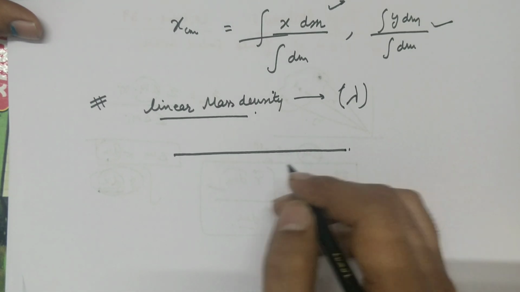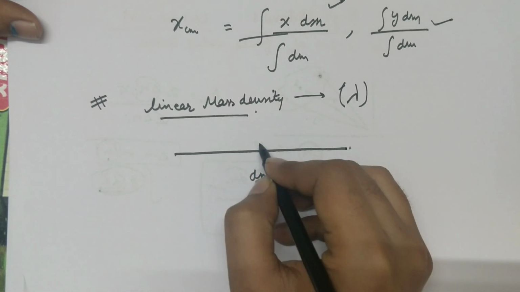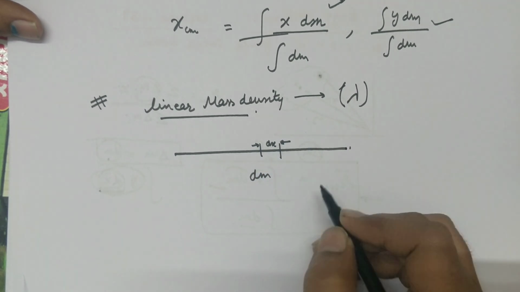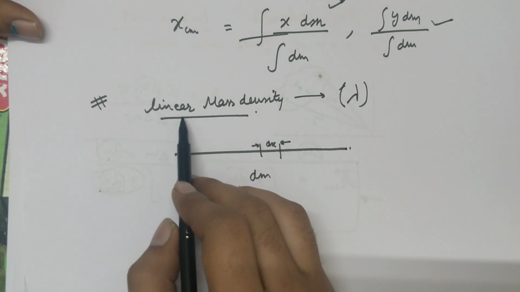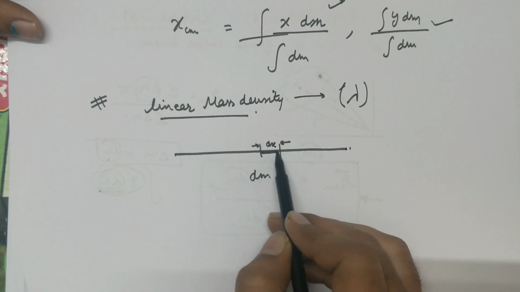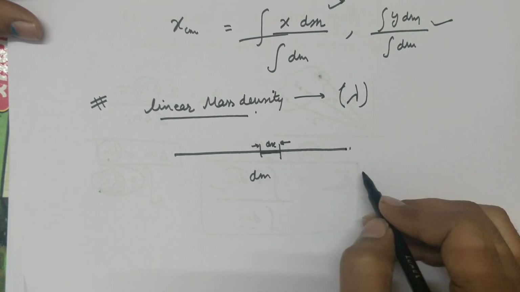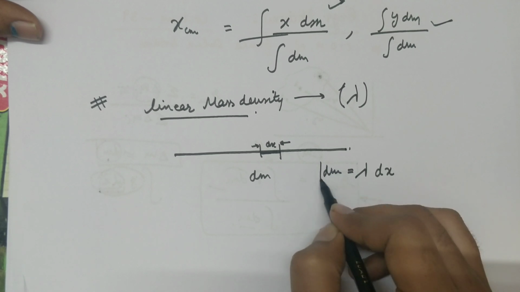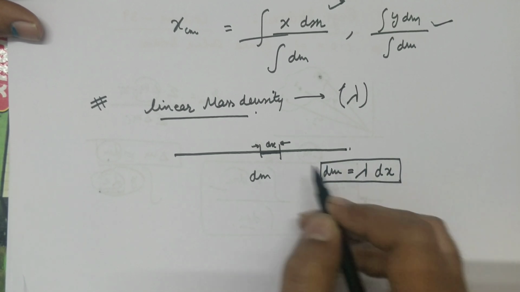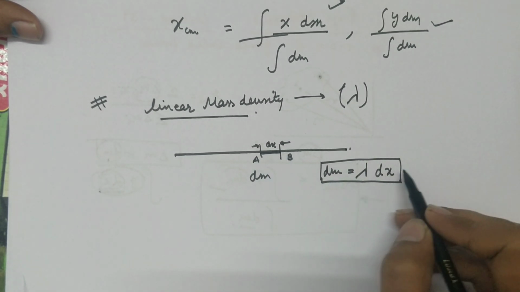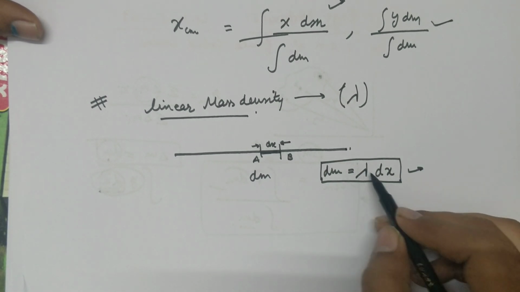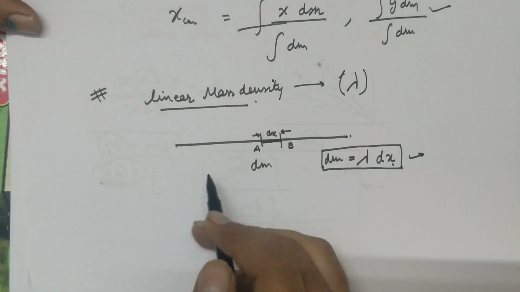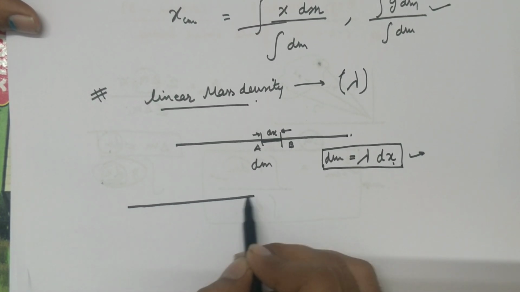And if you want to calculate the mass of some particular portion, suppose this length is dx, linear means length, suppose this distance is dx. So if you multiply lambda with dx, the mass of this small portion AB will be found. Lambda into length.